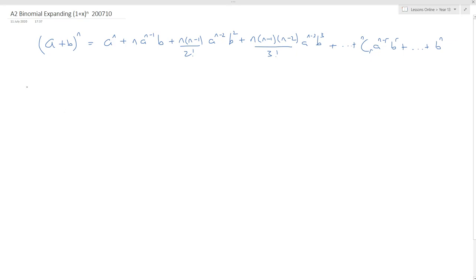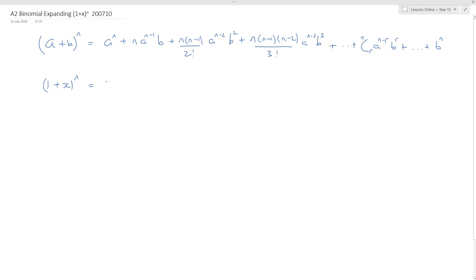Today we're going to be looking more specifically at this form, 1 plus x to the power of n, where n is either a fraction or negative index. And when we expand that out using the expansion we've got above, a is now 1 and b is now x.